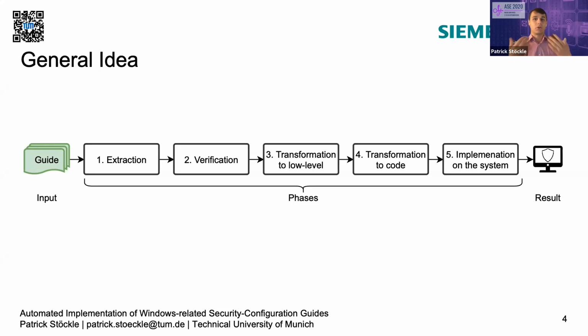This is why I want to talk about them in the next couple of slides, whereas the last three steps are the transformation into what's actually happening on the machine. Usually we can set something in the graphical user interface, and something is happening in the depths of the system on some lower level, and we have to do this transformation if we actually want to implement them automatically, and also this transformation to code.